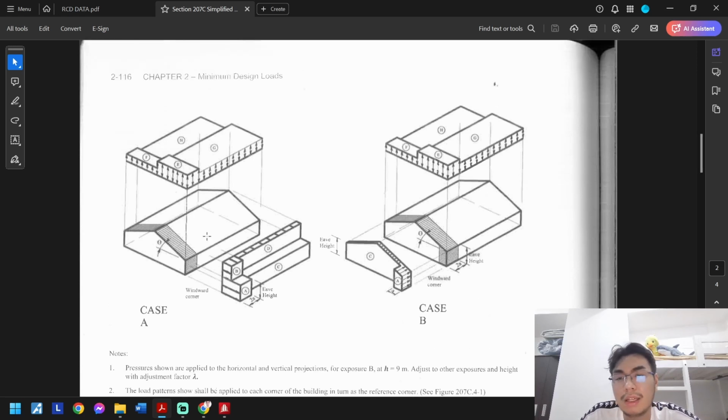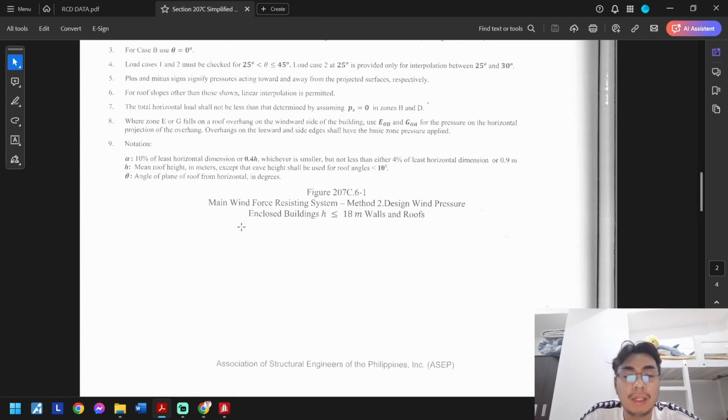Likewise, for case B, it is just the opposite, wherein the wind direction comes from the front or the back side of the building. Then it has also four cases wherein the maximum wind loads are located in each corner of the building respectively.